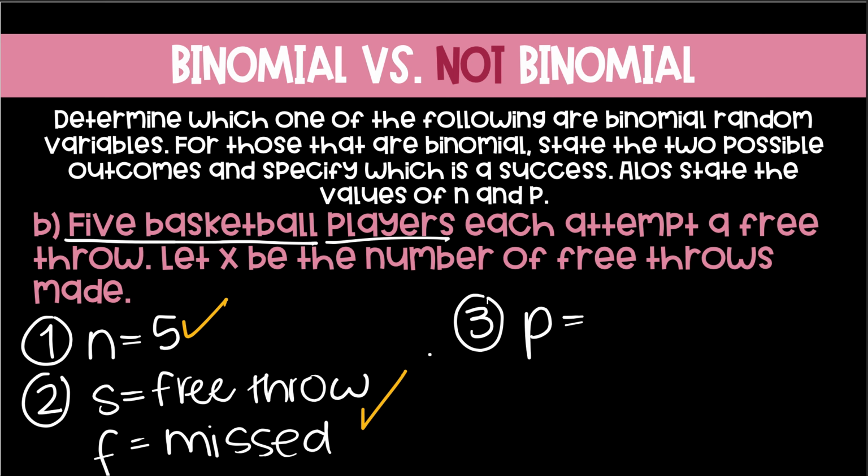The example doesn't tell us, but let's suppose we're told that, on average or from the population, these 5 basketball players have a probability of, I don't know, 50-50 or 40-60.